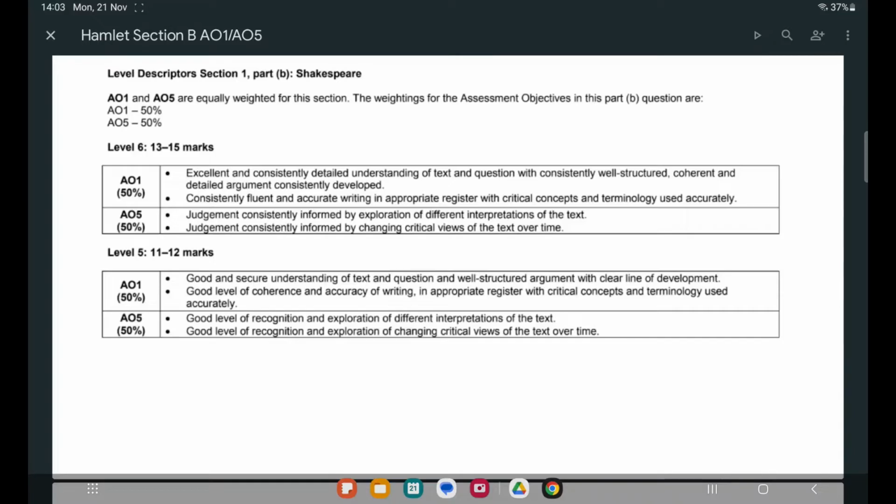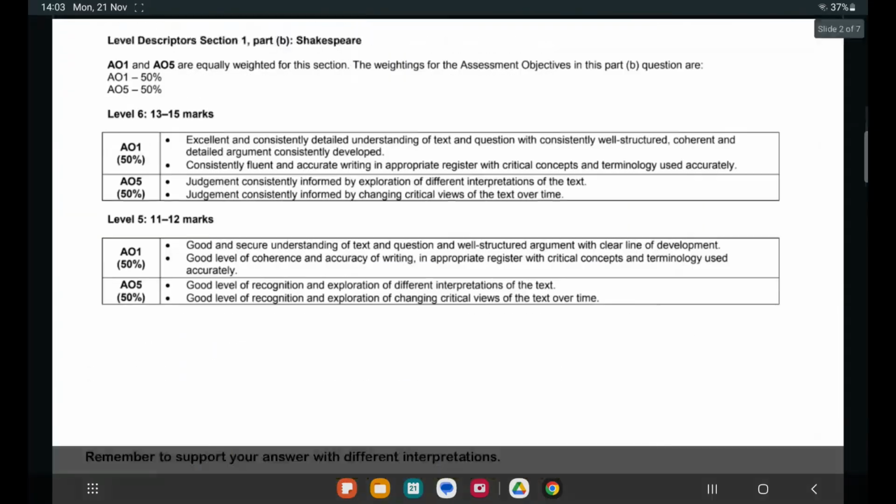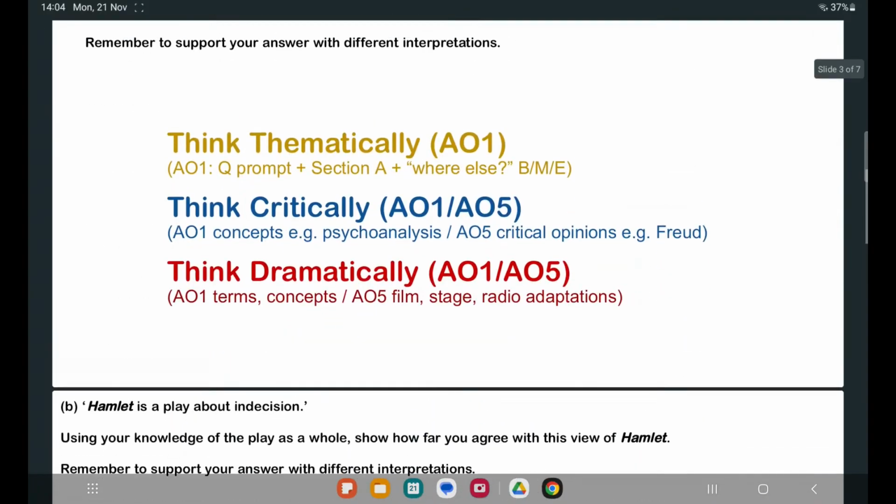And this could be named critics, this could be critical theories, like literary theories, like feminist, Marxist, psychoanalytic readings of the play. But it can also include your own interpretations and those of your peers as ways of reading and looking at the play. So they're the two things that we've got to bring together here.